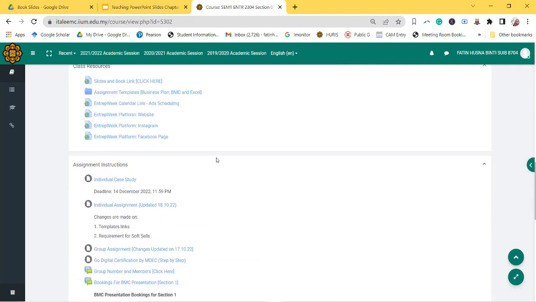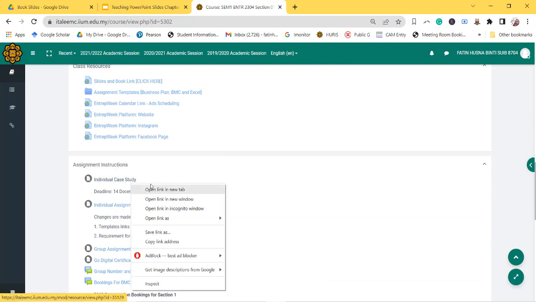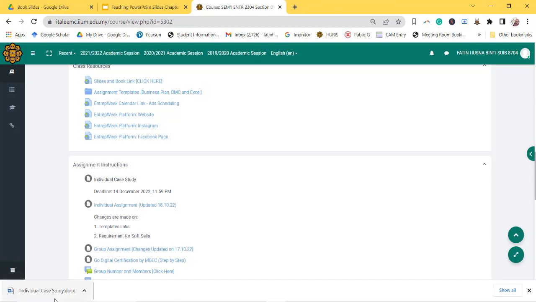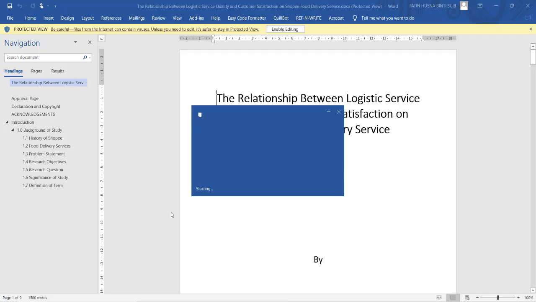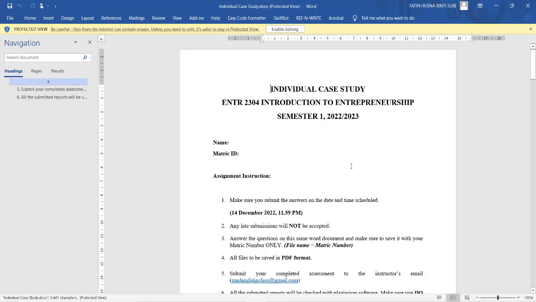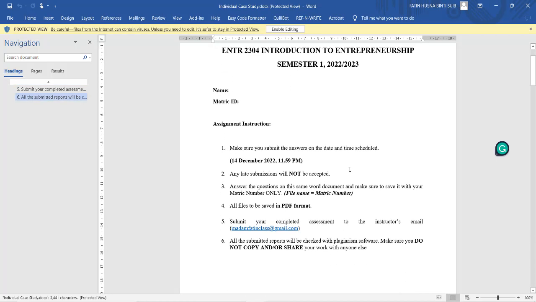In some instruction I already put the individual case study, so the deadline will be, sorry, 14 December 2022. This is a case study.